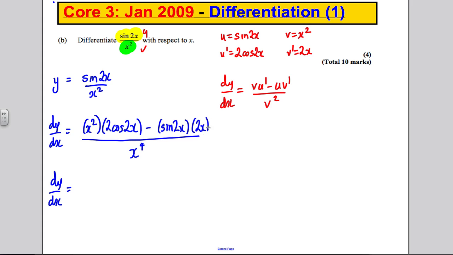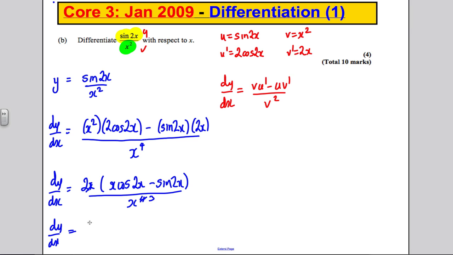We could take out a factor of 2 and x. And we'd be left with, on the top, an x cos 2x, and over here, subtract sine 2x, all over x to the 4. And that x can be cancelled with one of those x's. And you would get yourself 2x cos 2x, subtract sine 2x, all divided by x cubed, and you'd be done.